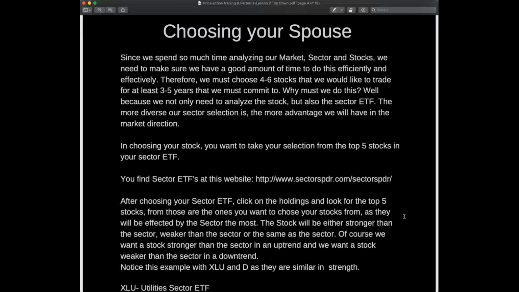You want to be a master of one stock and not a jack of all trades. So you don't want to be chasing all these different stocks. You want to master one stock. Because if you could master one stock, then you could master other stocks. If you can't master one stock, then how are you gonna master other stocks? How are you gonna be able to juggle other stocks when you can't even master one? How are you gonna master 4 or 5 if you can't master one stock?